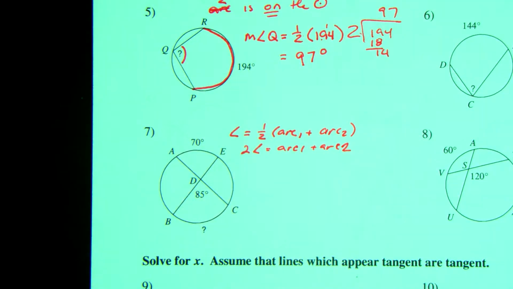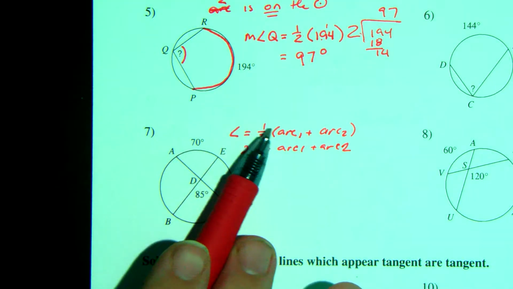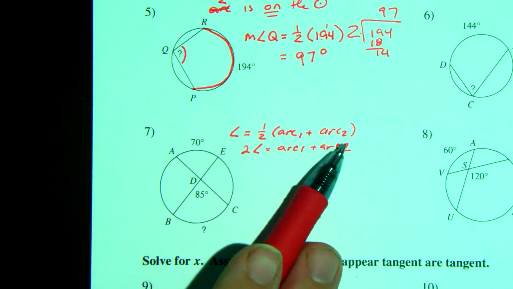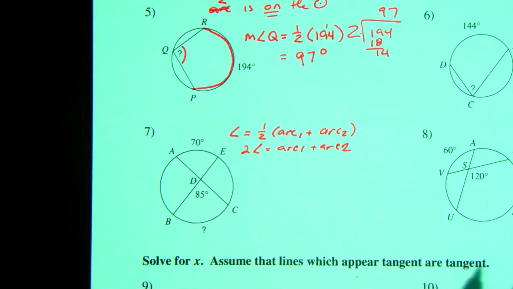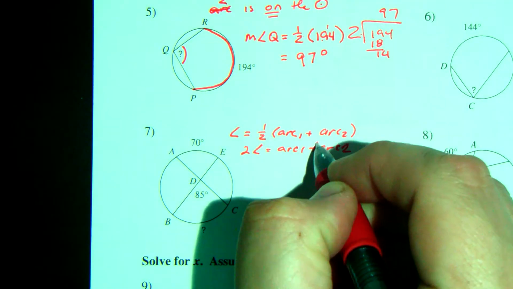So instead of having 1/2 times the arc stuff, I got rid of that, and it's just arc 1 plus arc 2 is equal to 2 times the angle. So 2 angle equals arc 1 plus arc 2. Now, do I know the angle?